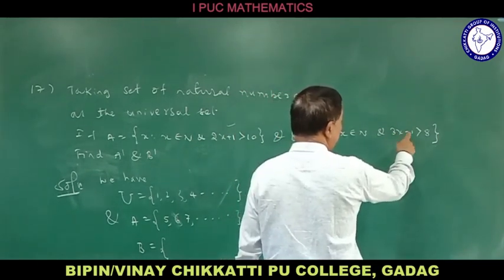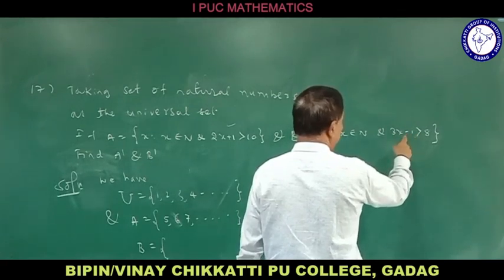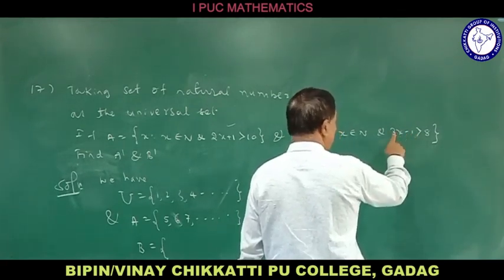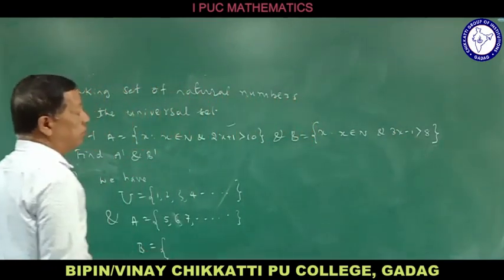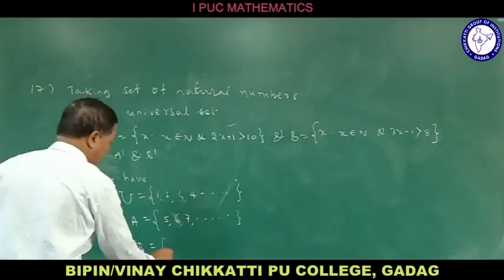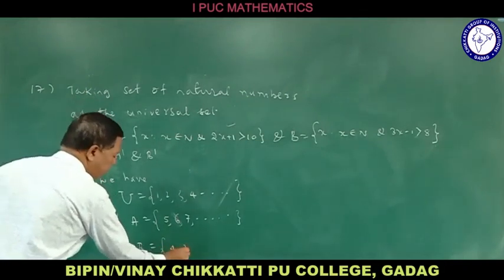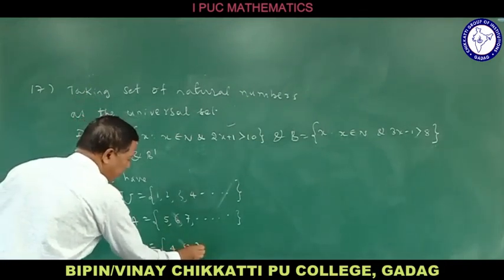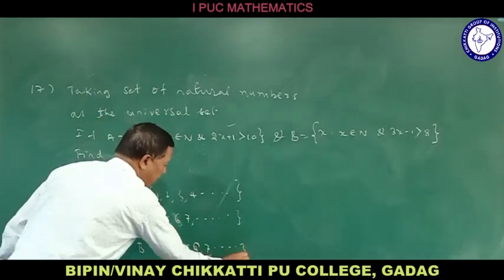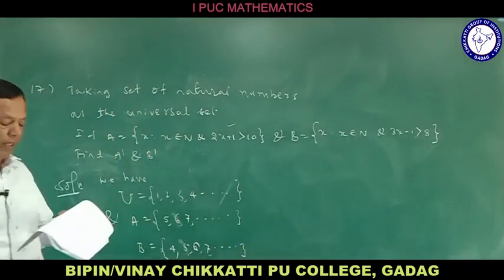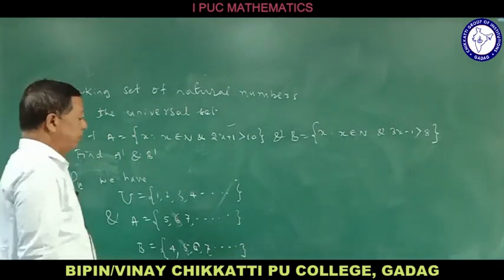It should be 4. 4 threes are 12, 12 minus 1 is 11, and 11 is greater than 8. So the first number is 4, and next you can see 5, 6, 7, you can continue. I hope you understood how we write all these numbers of A and B.